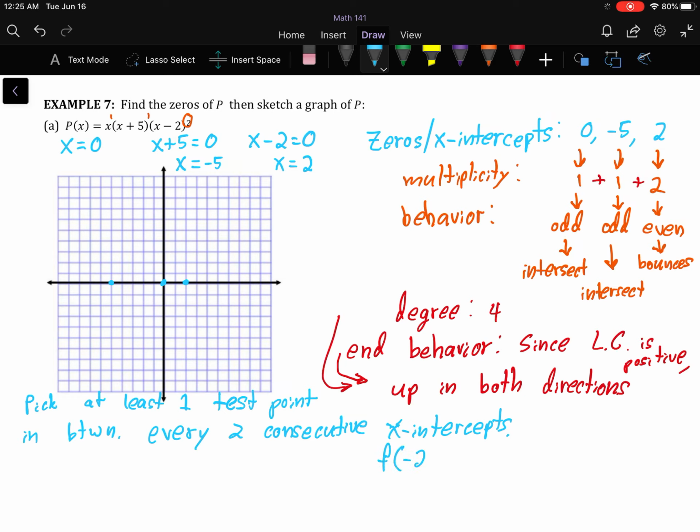And we have the x value, -2, so now we just need to find the y, and we do that by plugging in -2 into our original equation.